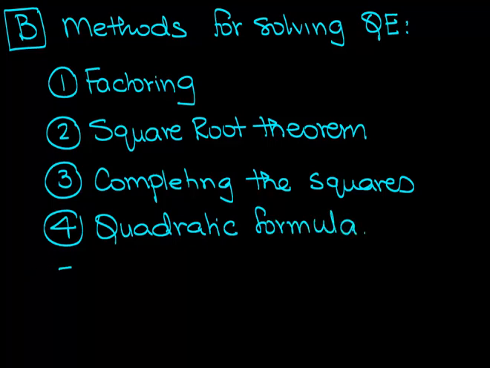And then the last method is, this is true, it's not really a quadratic equation, but we can make it into a quadratic equation. In this case we say it's almost quadratic.